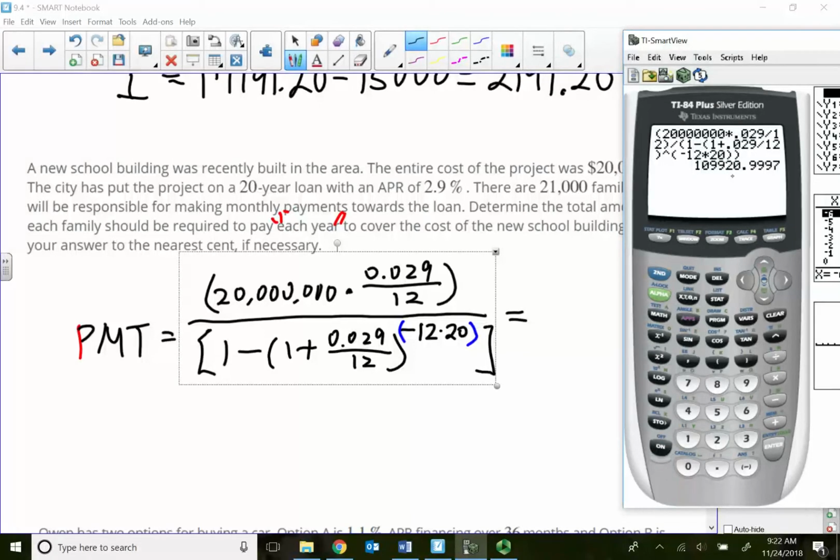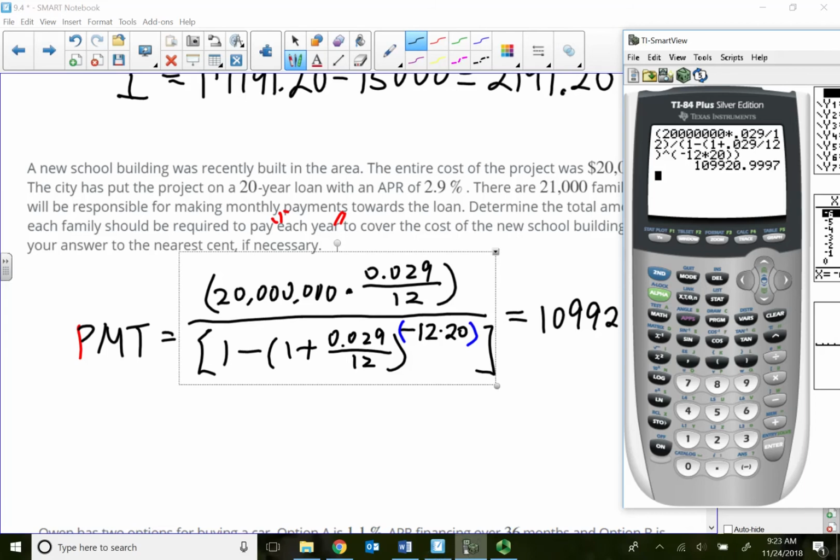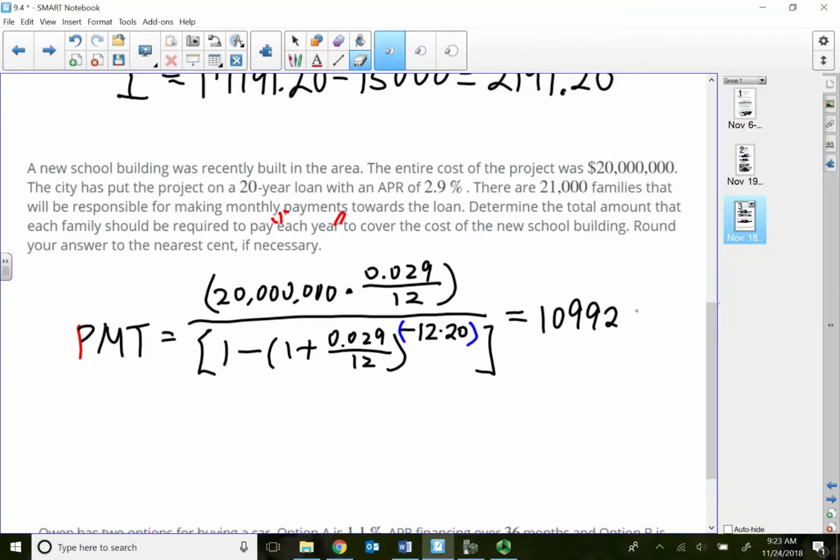All right, $109,920 and some cents. If I round to the nearest cent, the 99 cents will carry into the next dollar, so let's just say $109,921.